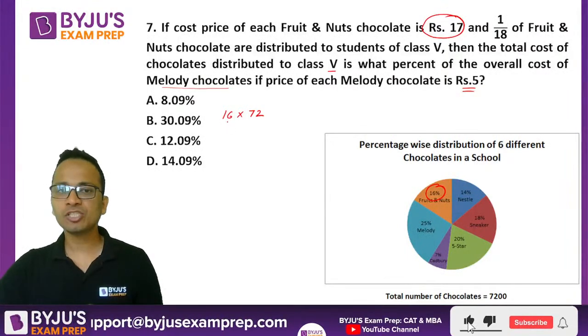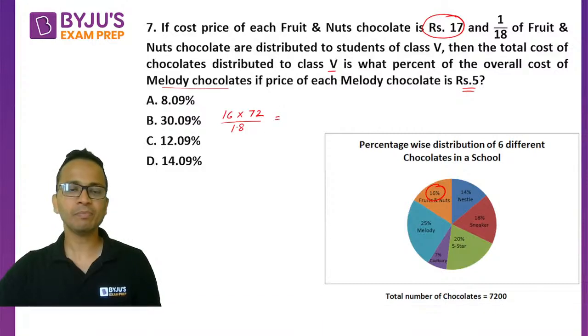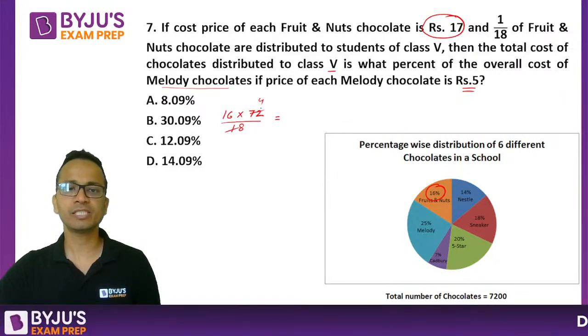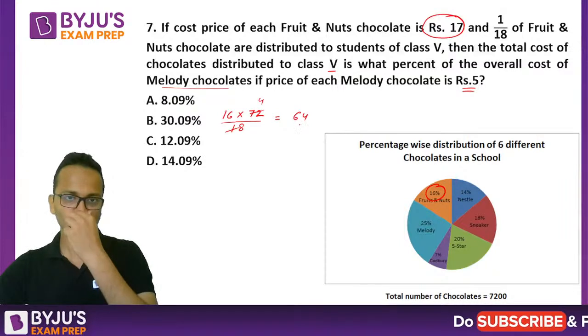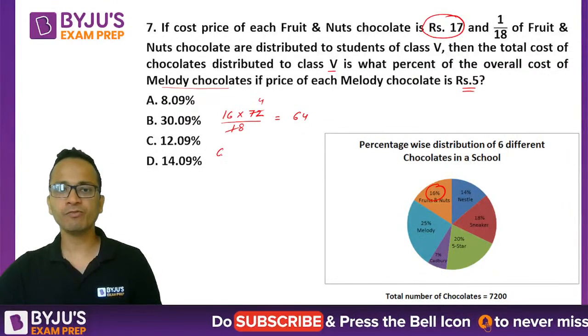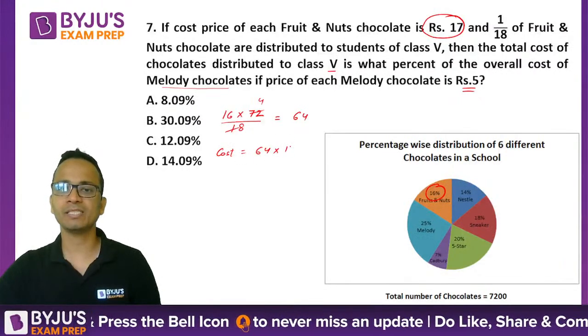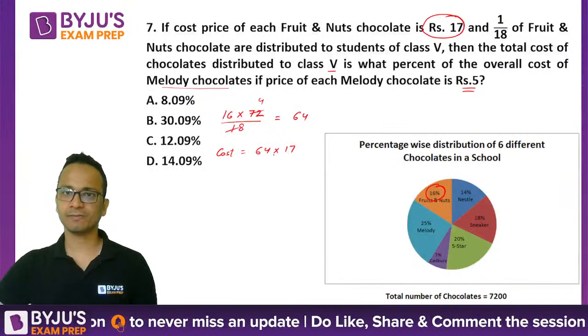How many have we distributed? We have distributed 1/18 of this. So that means we have distributed 16 into 4, 64 fruit and nut chocolates. The total cost involved in distribution is 64 multiplied by 17. Leave it as it is.